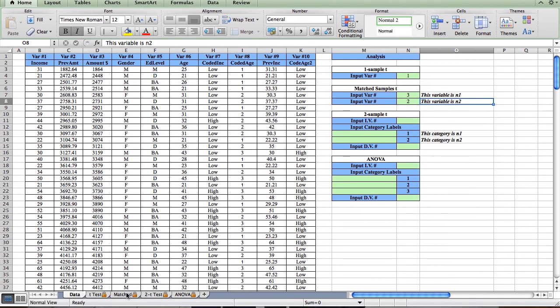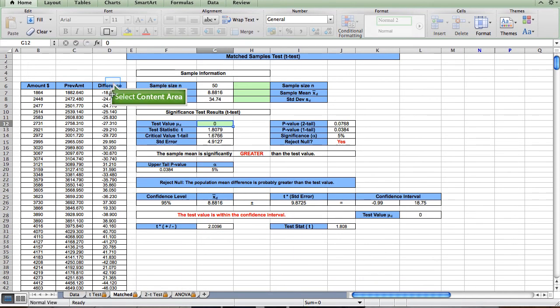And those differences look like this. So now everything runs exactly the same as my one-sample t-test because I've created a new one sample of data called difference. My sample size is 50.